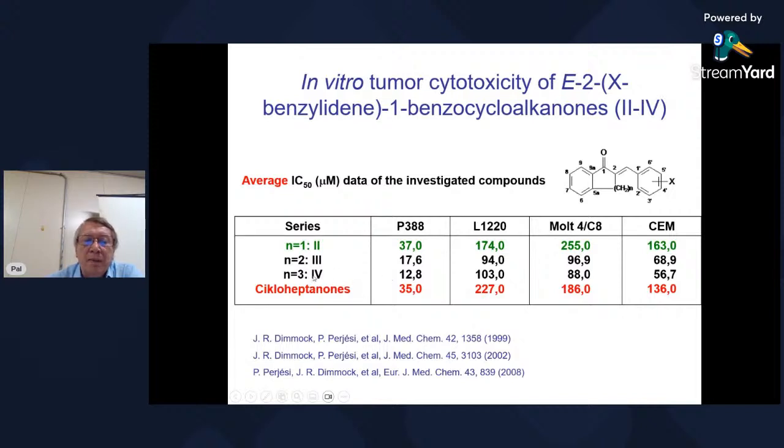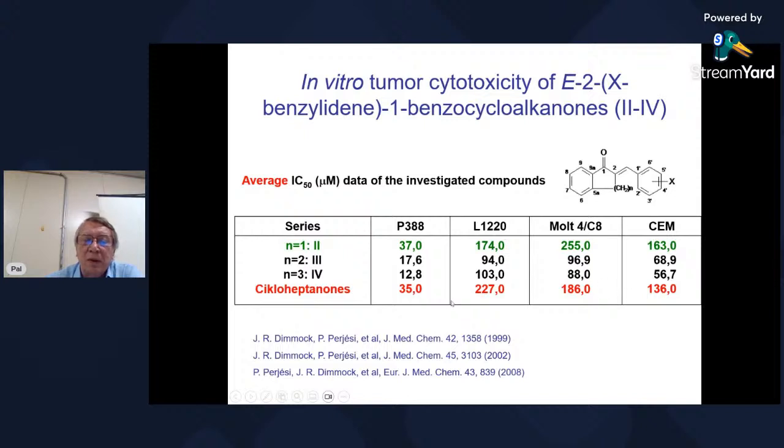If we compare the data of the 7-membered ring chalcone derivatives and the cycloheptanone derivatives without the A ring, we can see that removal of the second aromatic ring resulted in much lower cytotoxicity towards all the 4 cell lines investigated.